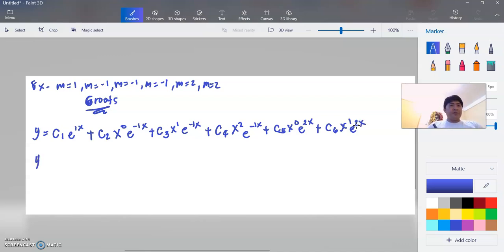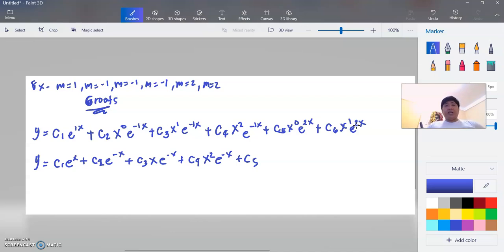So therefore, when you simplify this one, you have c sub 1 e raised to the power 1 times x, that is x, plus c sub 2, x raised to the power of 0 is 1, 1 times c sub 2, that is c sub 2 times e raised to the power negative x, plus c sub 3 x e raised to the power of negative x, plus c sub 4 x squared e raised to the power of negative x, plus c sub 5.